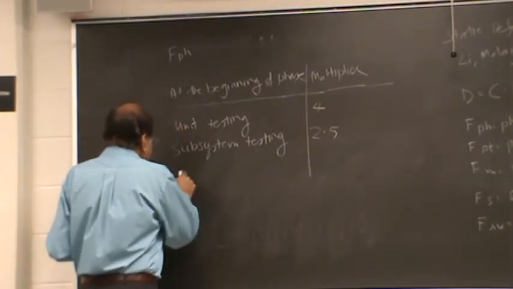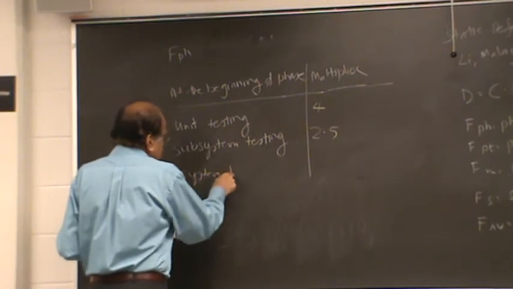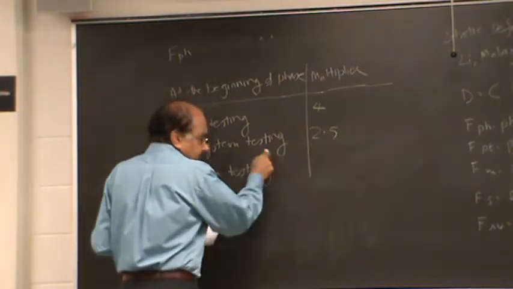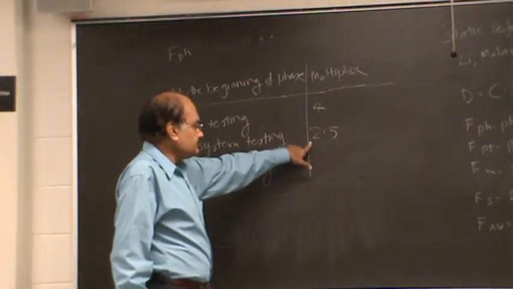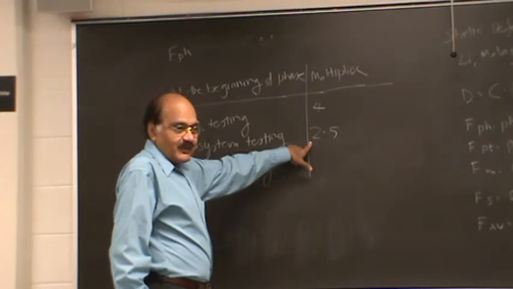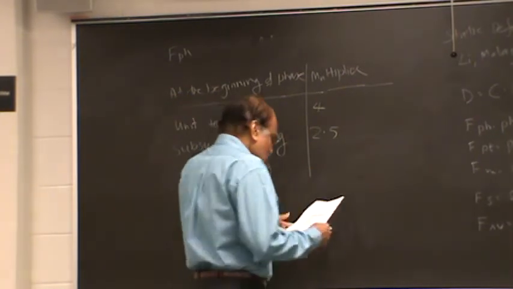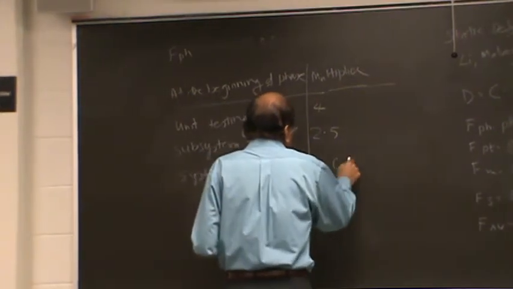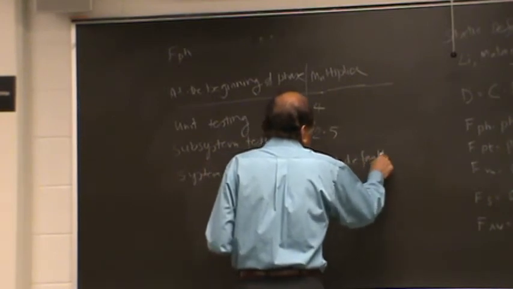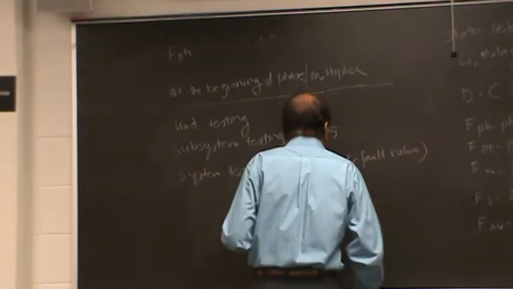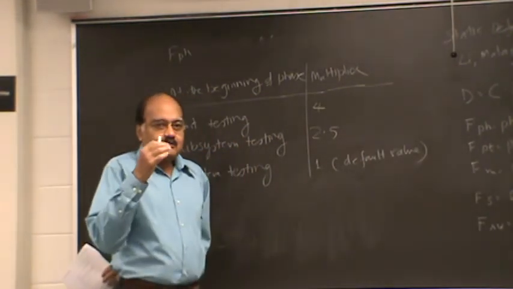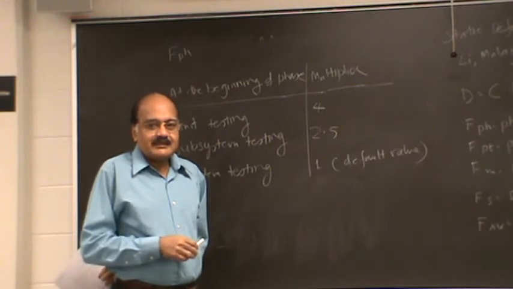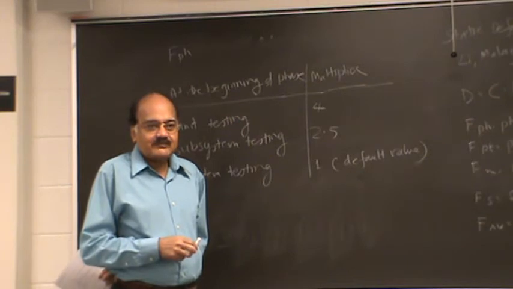And then there is system testing. The factor 2.5, is it 2.5 of the original value or 2.5 of the previous? 2.5 of the default value, and let us assume that this is the default value. So let us assume that when people collect data, they collect data at the beginning of the system testing phase.